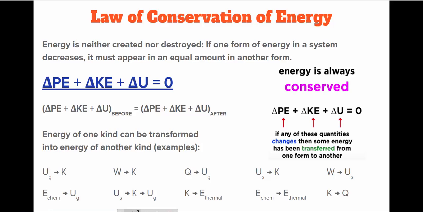So if you change it from one form to another, that's fine, it's just always going to be there. So all we're doing here is we're adding on energy for the thermal energy. So we can have our potential energy and our kinetic energy, but we can also have heat energy as another form of energy that can be transferred in.